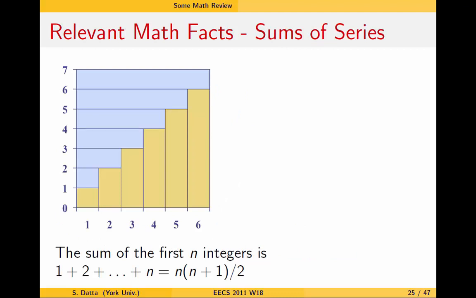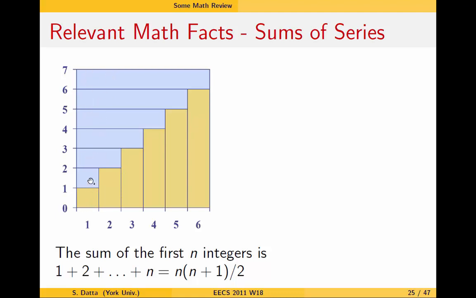Series sums are very useful. You should have seen this before, but if not, here is a nice picture. 1 plus 2 plus up to n, that sum is n times n plus 1 over 2. It's easy to prove this in many different ways, but notice that this is a pictorial proof. The green bars and the blue bars are exactly the same.